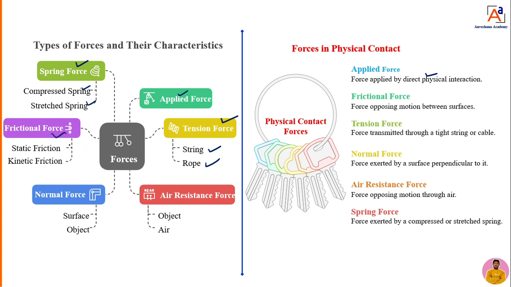Then frictional force. There are two important frictional forces, static friction and kinetic friction. Then normal force, which acts on a surface or on an object. Then air resistance force, which acts on an object in air. Like that, different forces we can get in our day-to-day life.